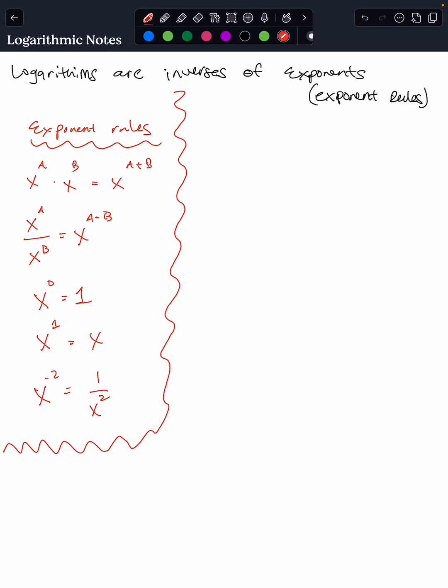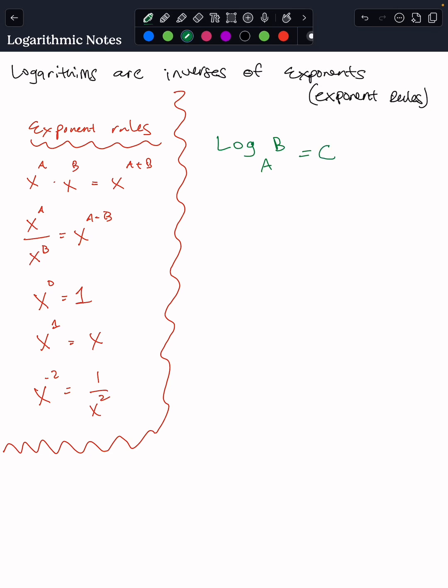Okay? So logarithms are always written log base b to the a. Actually, I'm going to switch that. I'm going to make that a to the b. Log base a to the b is equal to c.